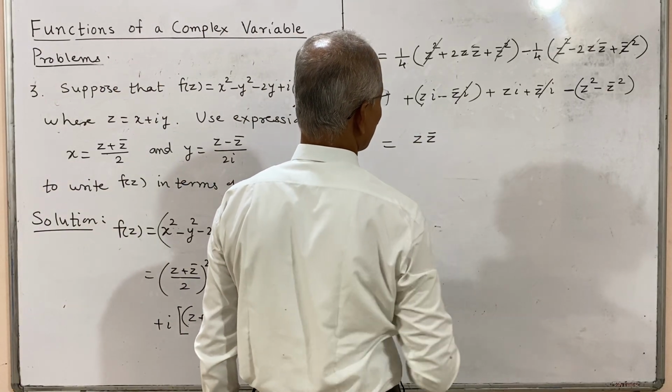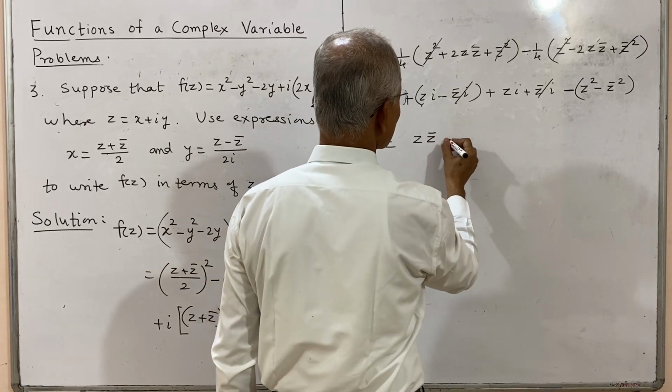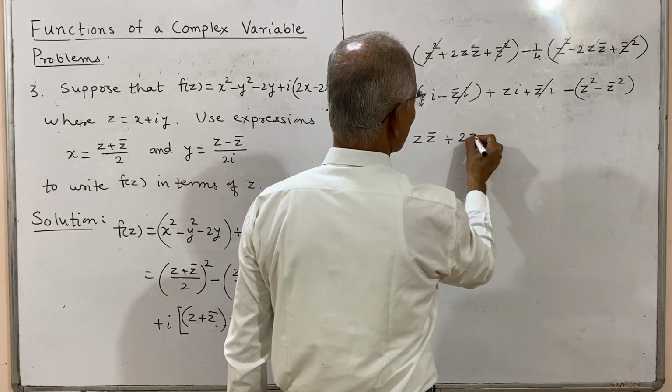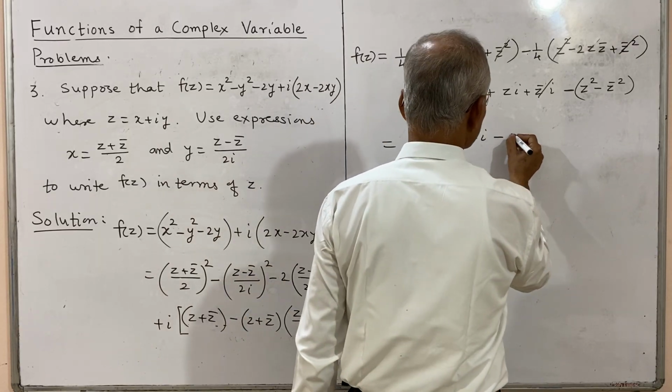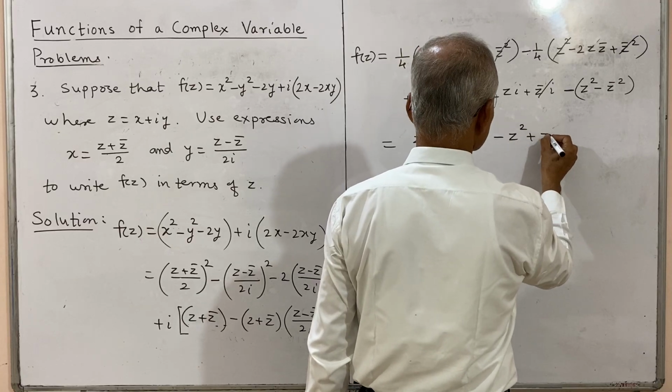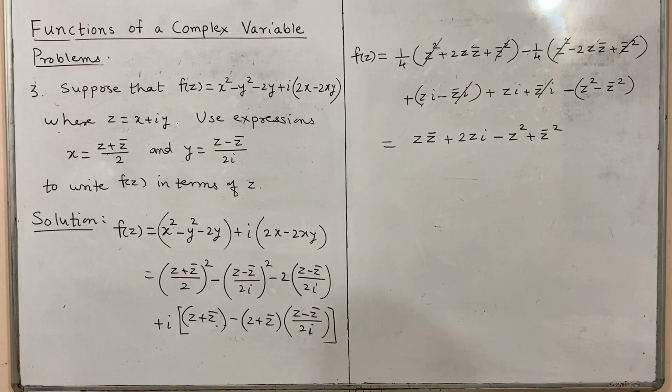Z bar will remain, and here 2zi will remain minus z square plus z bar square. So this will remain, but I think there is something wrong.